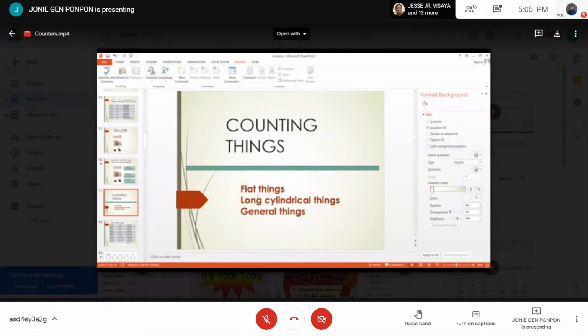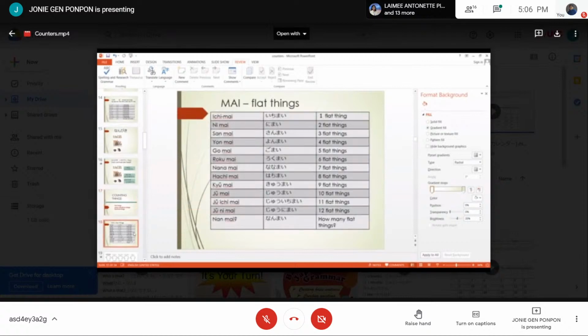But what if it's 11 pieces, let's say 11 apples? You can no longer use that suffix. Now you should know if that object is a flat object, a long object, small objects, or a machine. Let's go first to flat things.